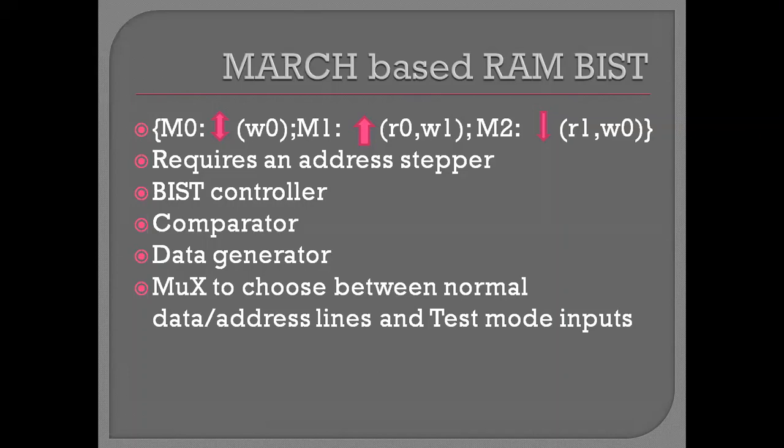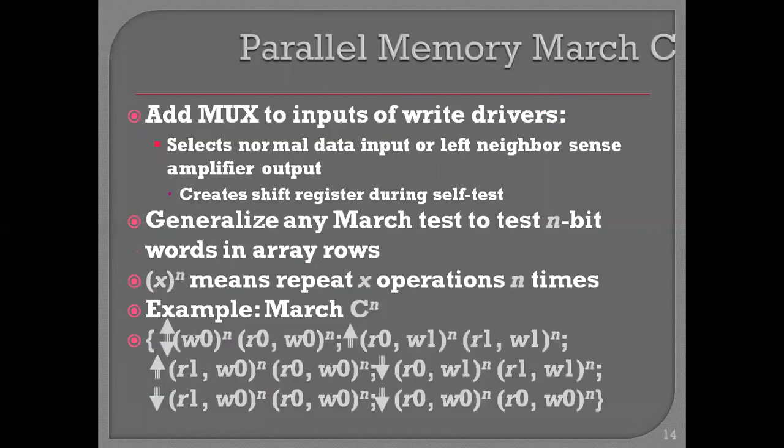That will depend upon the data lines and the address lines. So they can be multiplexed. And there is an additional multiplexer to be asserted before the write drivers so that it can choose between the test mode inputs and the normal address for the data inputs. Okay, so that is what we are having.